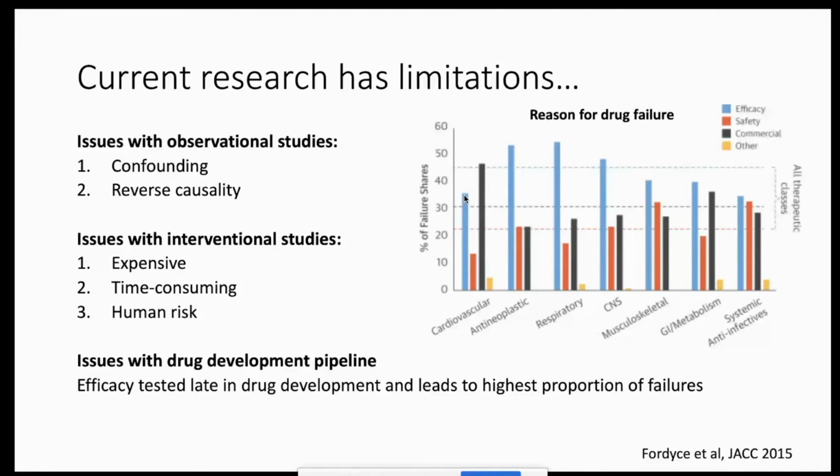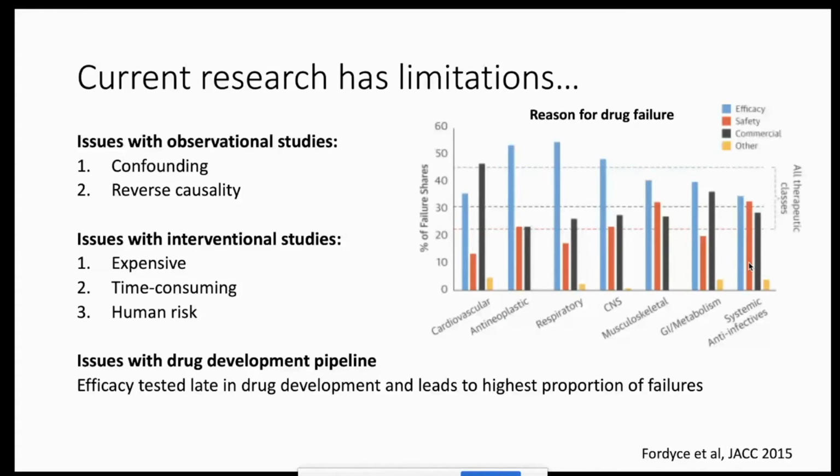This is higher for antineoplastics, drugs treating cancers. It's very high for respiratory, central nervous system drugs, musculoskeletal, GI, and systemic anti-infective agents as well. So you can see that efficacy is one of the key reasons why drugs fail in their development.